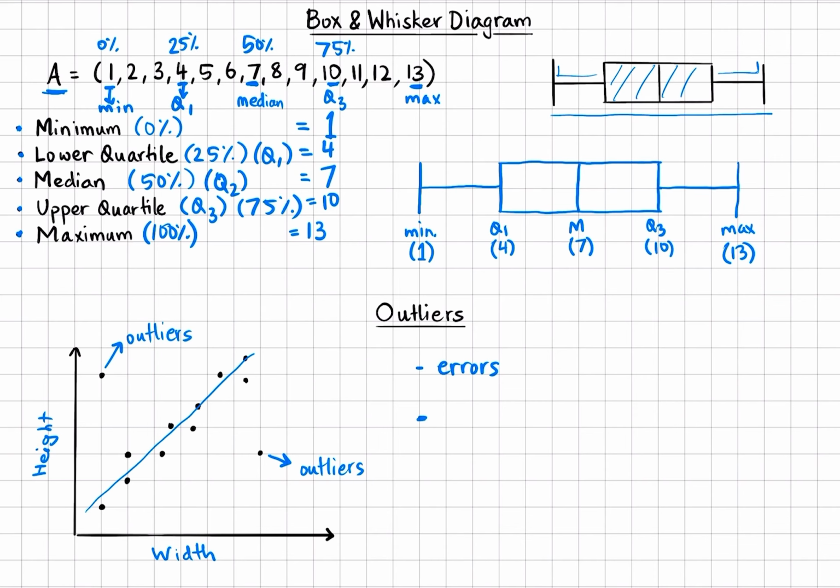They can also be something called novel data. Okay, so novel is like new. So novel data. So it could be something, or it could also be something of an anomaly. So exceptional cases. They could also be exceptional cases.